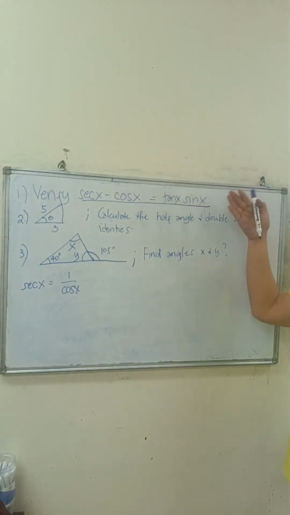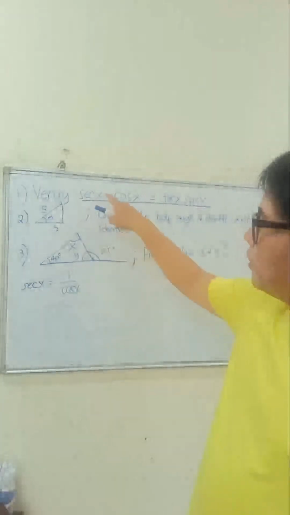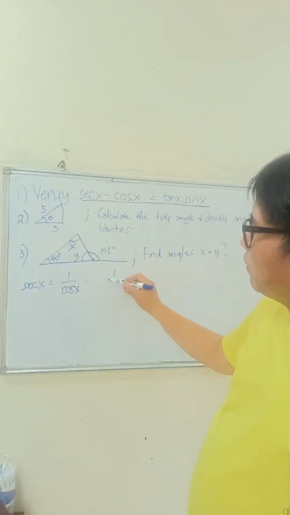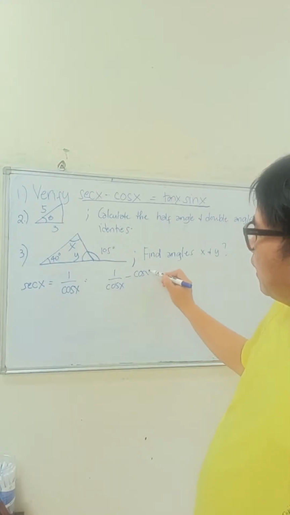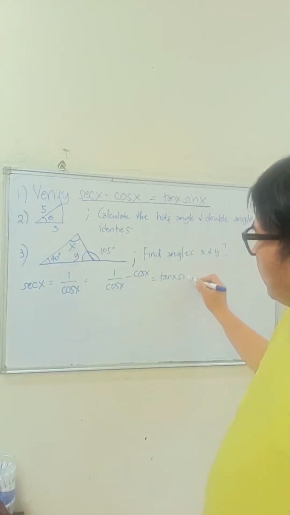Do not touch the right side. So we substitute: 1 over cosine x minus cosine x is equal to tangent x sine x.